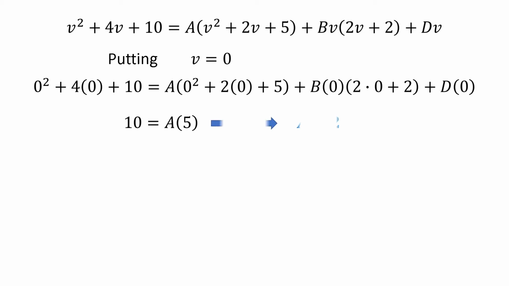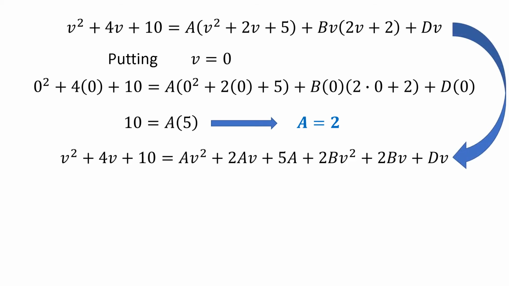From here, we can solve A, which is equal to 2. If we expand the identity further, we get v squared plus 4v plus 10 equals Av squared plus 2Av plus 5A plus 2Bv squared plus 2Bv plus Dv.